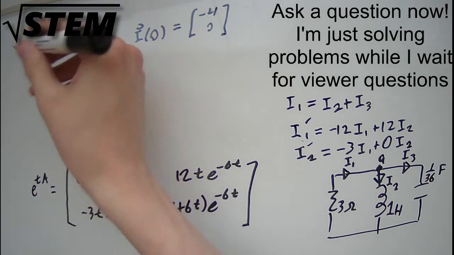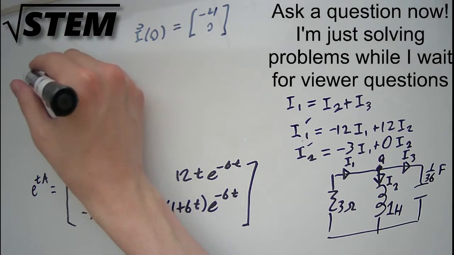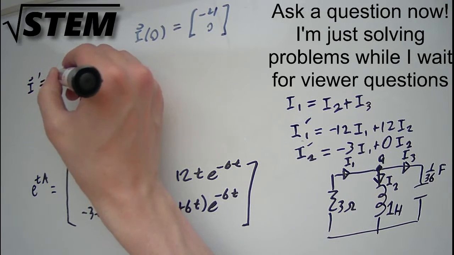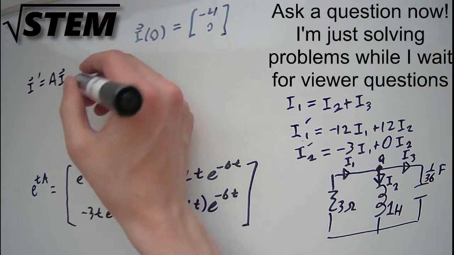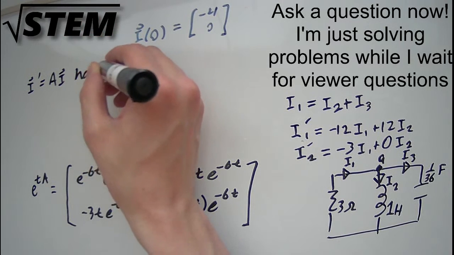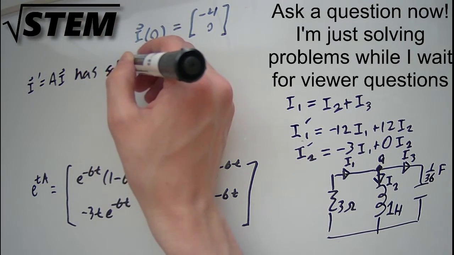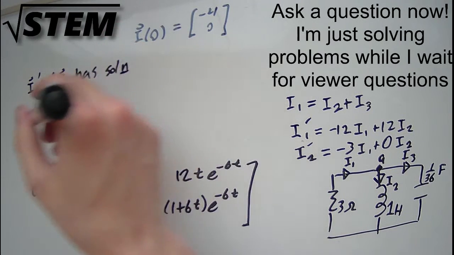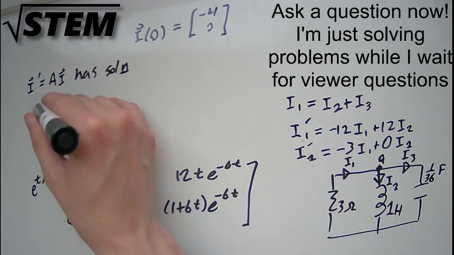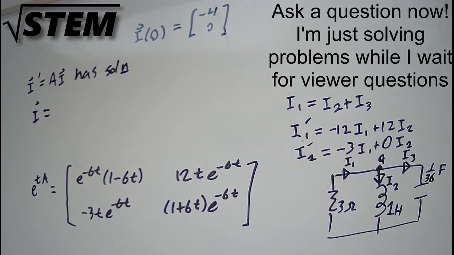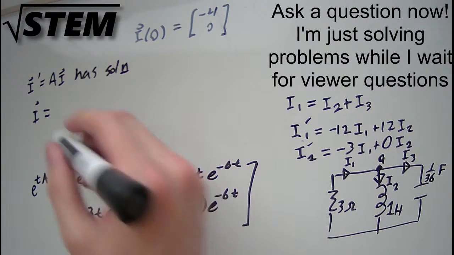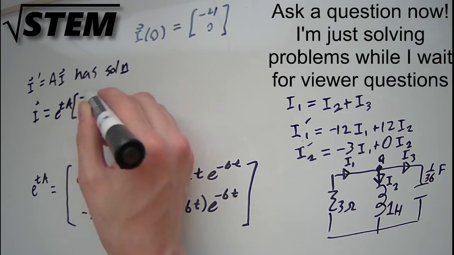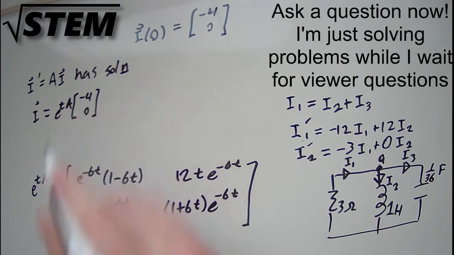So this tells us that the solution to our system I prime equals AI, I being equal to e to the tA times negative 4, 0.